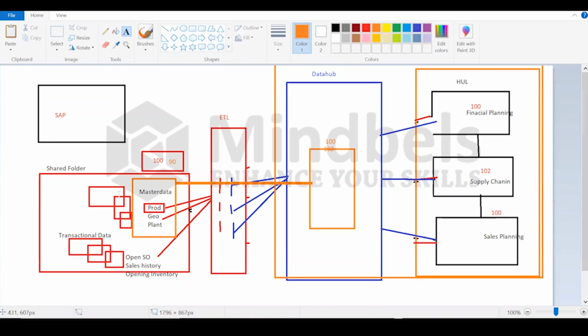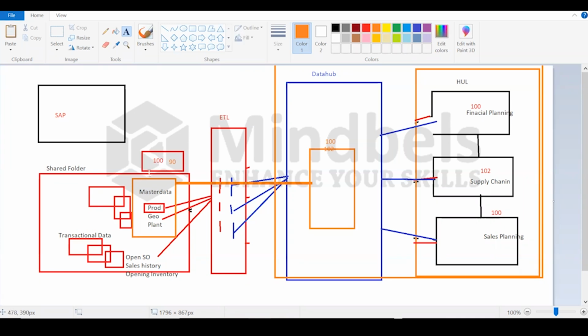So your master data file shows 90 products, but your data hub is getting 100 products. Where is the mistake happening? Any guess where the mistake is happening? ETL. Absolutely.